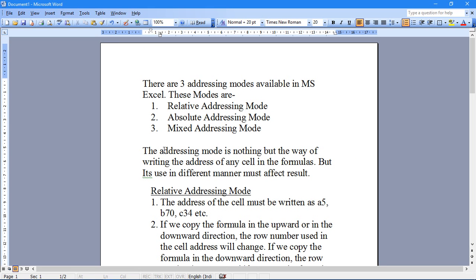Why? It means there are certain jobs of each and every mode. It doesn't matter that most of the time the relative addressing mode is used. It doesn't mean that the absolute addressing mode or the mixed addressing mode is not good or not useful.